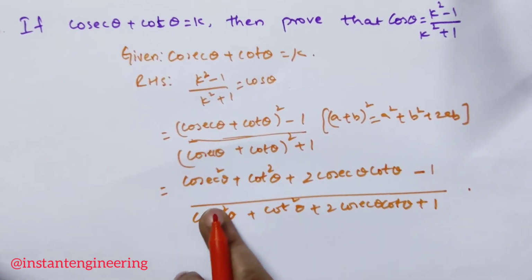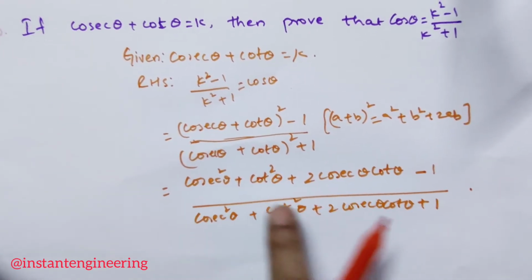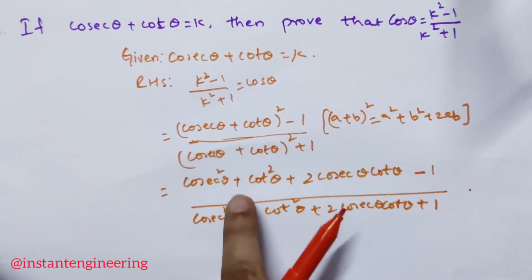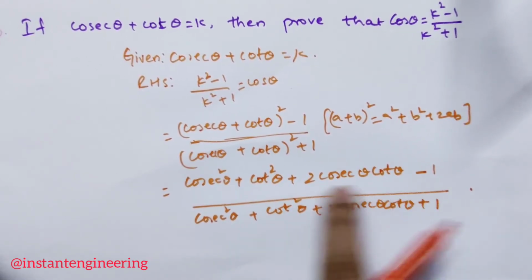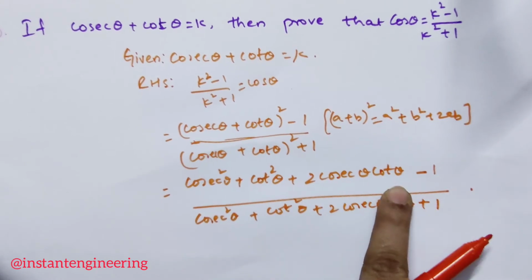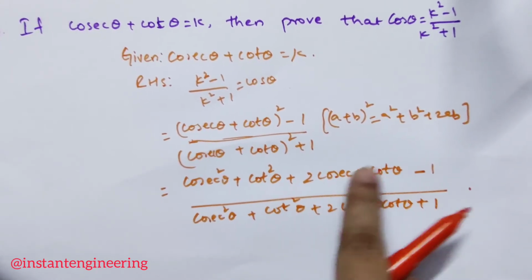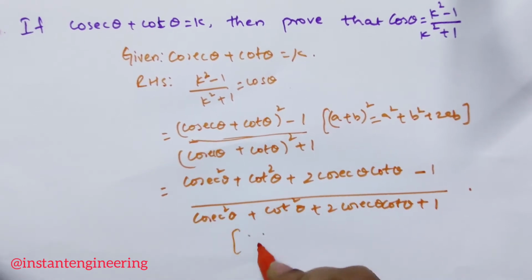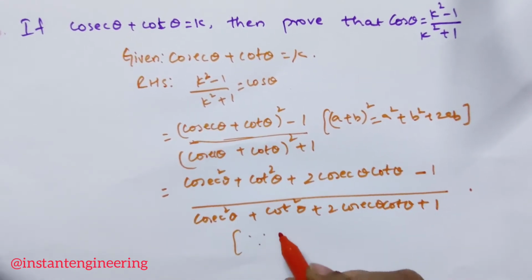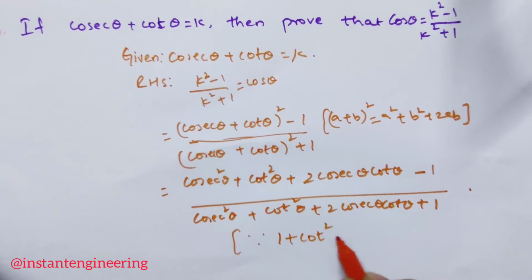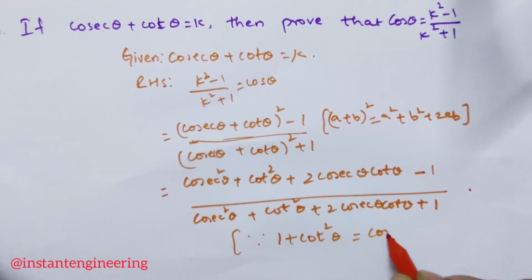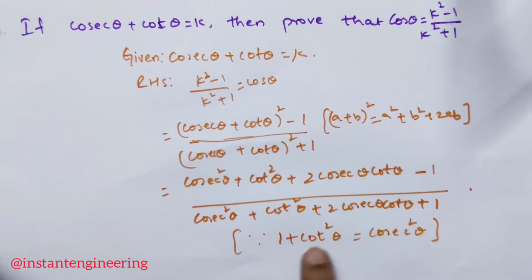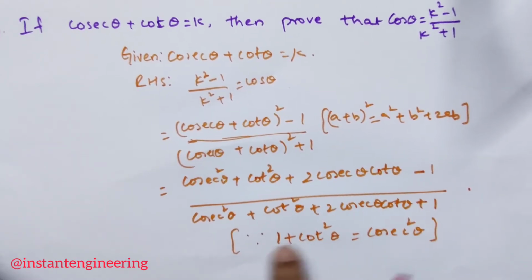Here generally we make a mistake, thinking we can cancel this and this, but no, because here addition and subtraction are linked with this, so you cannot directly cancel this. Here is one formula, a basic rule of trigonometry: 1 plus cot square theta is equal to cosecant square theta, that is, cosecant square theta minus cot square theta is equal to 1.